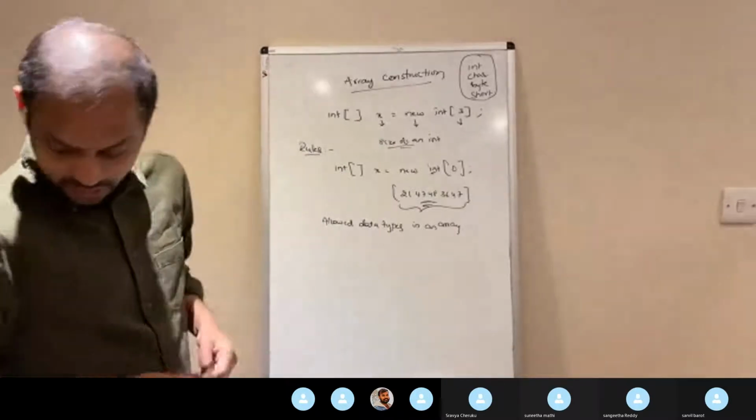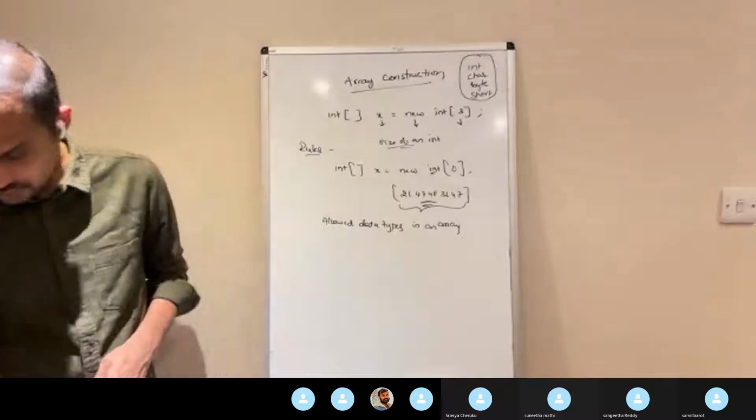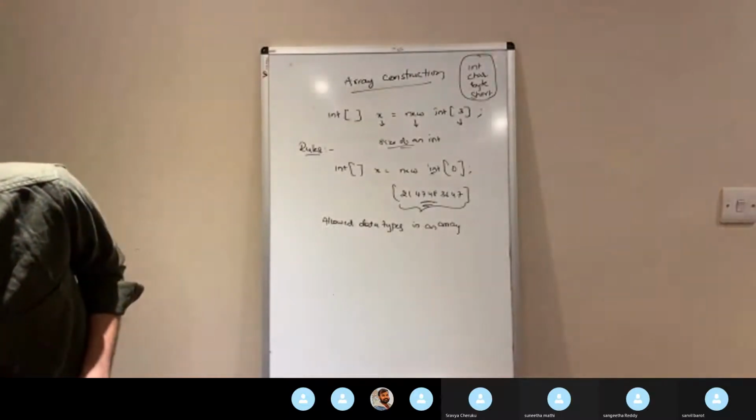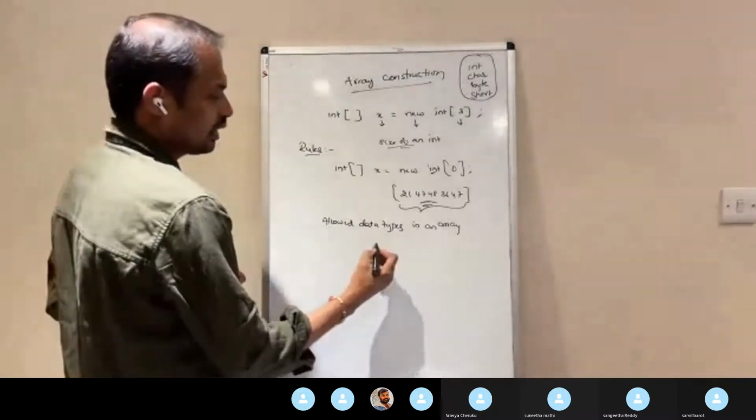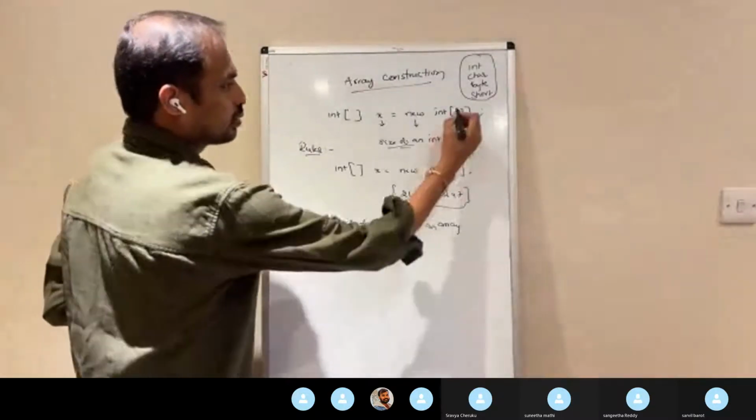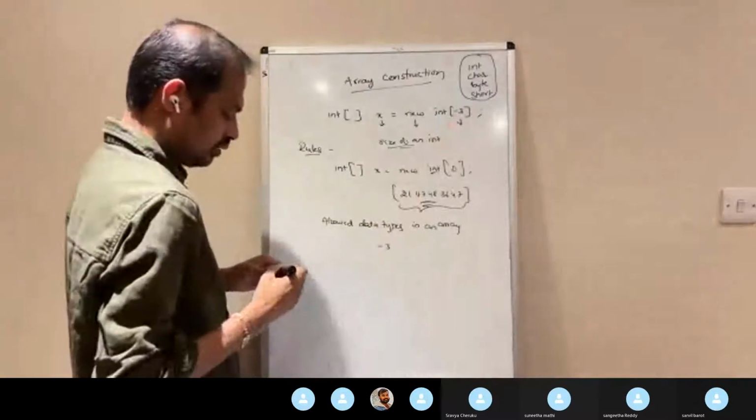Okay. And if you are taking an array size as a negative value, suppose if I take -3, what will happen?